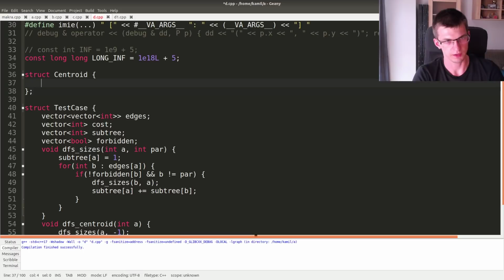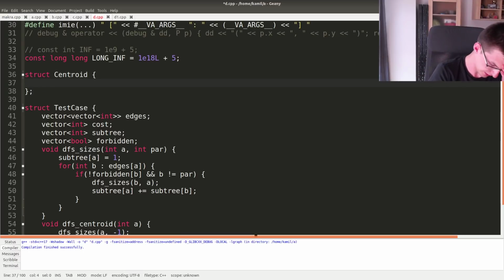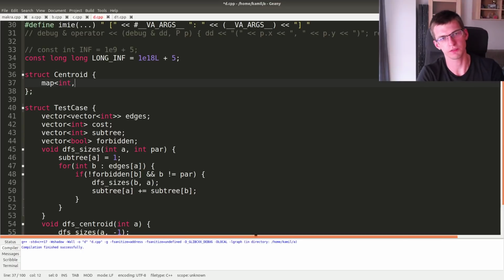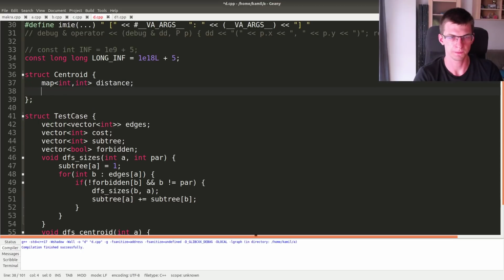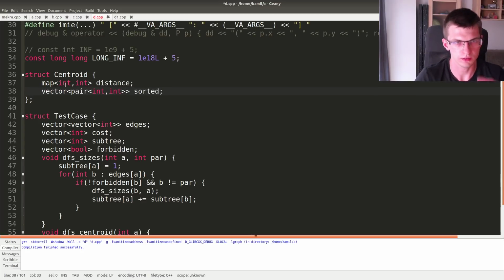Okay, what do I have? I have lengths, vector of sorted vertices. Let's go with map with a distance. Okay, and let's have a vector of sorted guys. I need both.